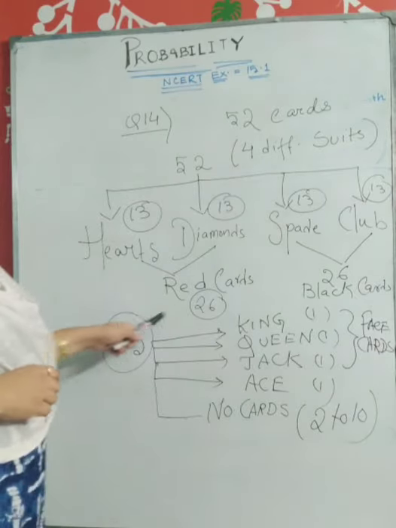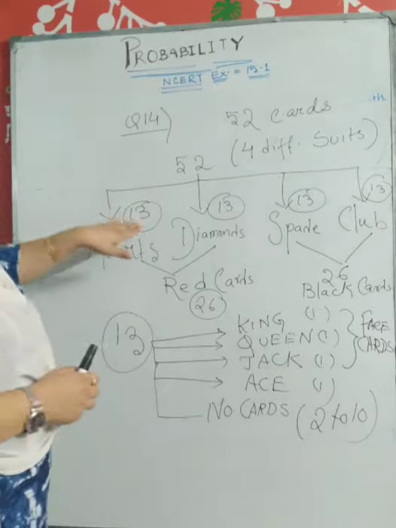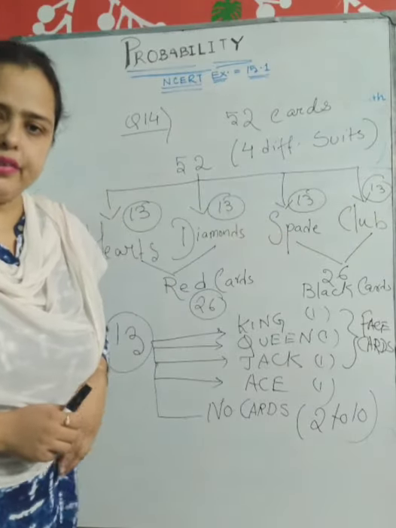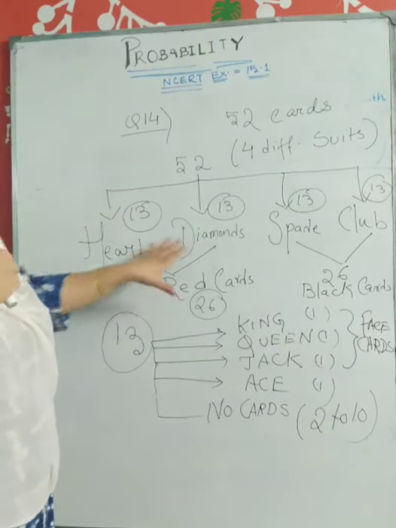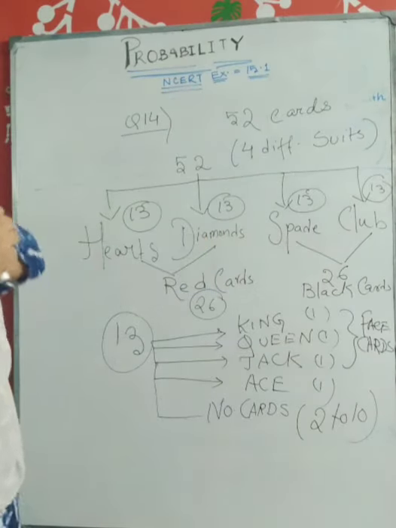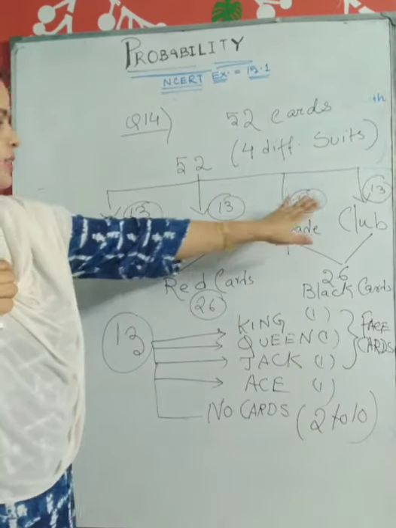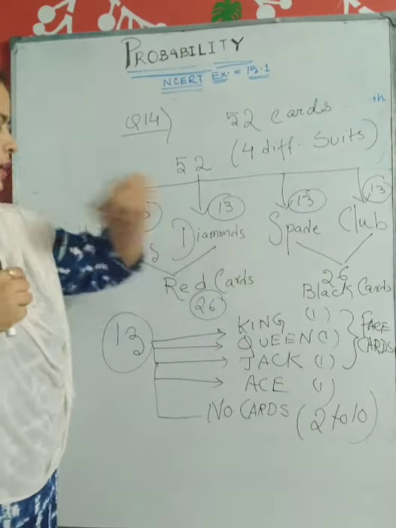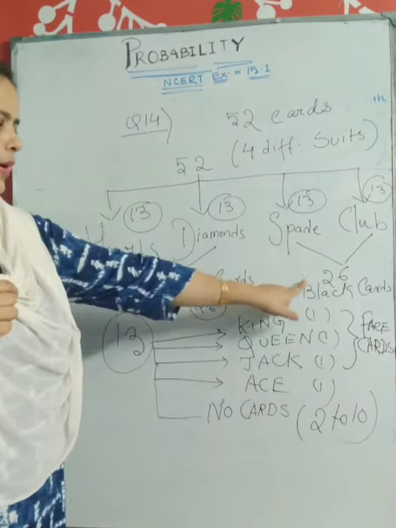And this splitting, what I have done for you, is followed in the other suits also. So this is the whole thing we have. Let's have a quick summary. 4 categories: hearts, diamond, spade, club; red cards, black cards, 26, 26.